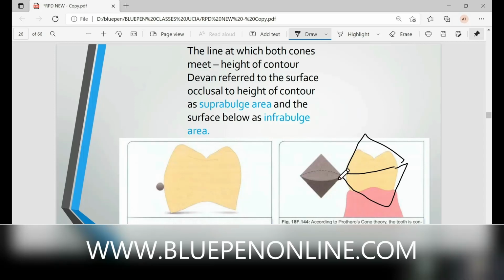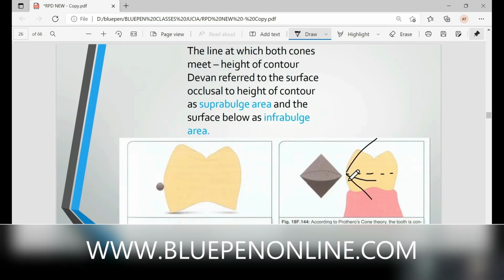Now when you have a clasp arm, you are going to place a clasp, and when that clasp tip ends below the junction of these two cones, see, this is the junction of these two cones, so this is one cone and this is the other cone.